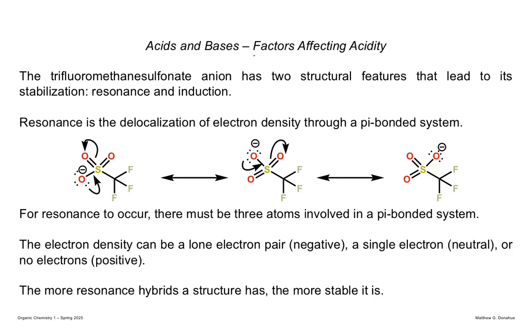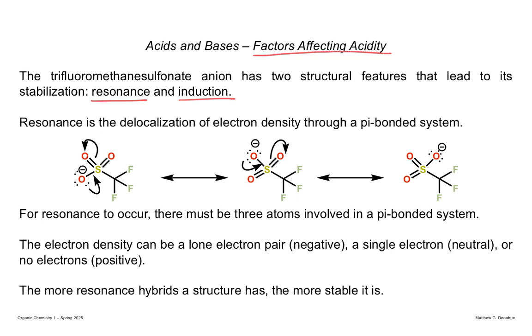So again, factors affecting acidity. There are two main things. We use electronegativity quite a bit, and now two other things we can use based on that are resonance and induction.